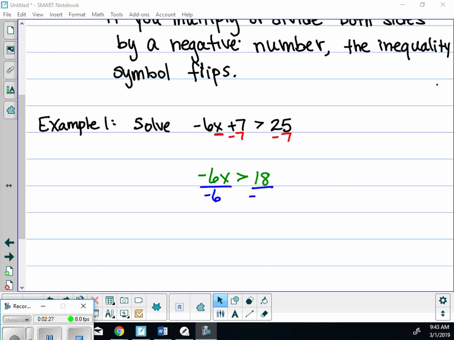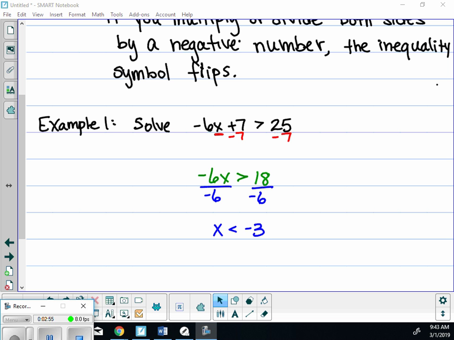We're going to divide both sides by negative 6. So x, because we divided by a negative 6, I'm not going to do a greater than symbol. I'm going to do a less than symbol. And 18 divided by negative 6 is negative 3.